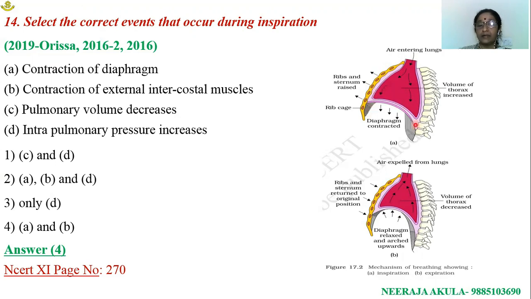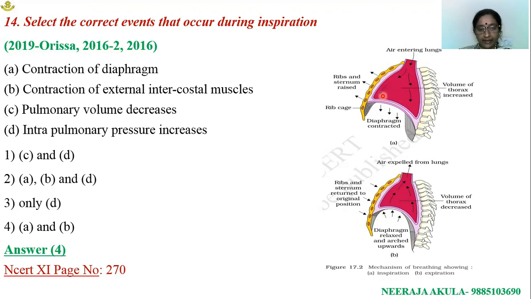Simultaneously, contraction of the muscles present in the diaphragm occurs. The diaphragm is pulled downwards. As a result, the thoracic cavity area increases antero-posteriorly. Thoracic cavity area increases, the expansion of lungs takes place, intrapulmonary pressure decreases, so air from outside enters inside the lungs.